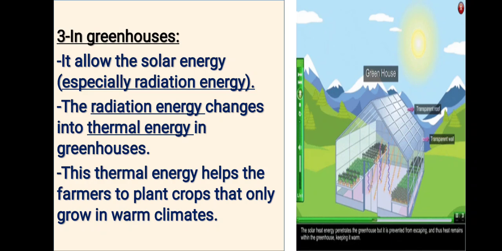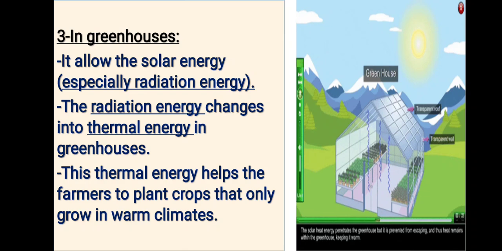When the radiation energy enters the house and collects inside it, it changes into thermal energy to help the crops grow.